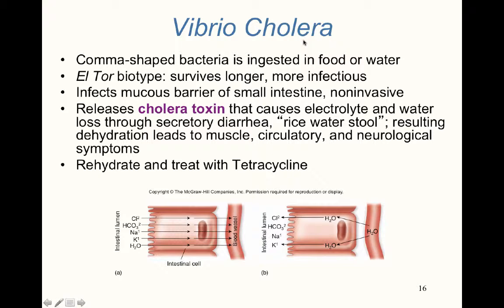And as far as the pathology of this particular microbe, it will infect the mucous membrane of the small intestinal tract. And the most important virulence factor here is the cholera toxin.